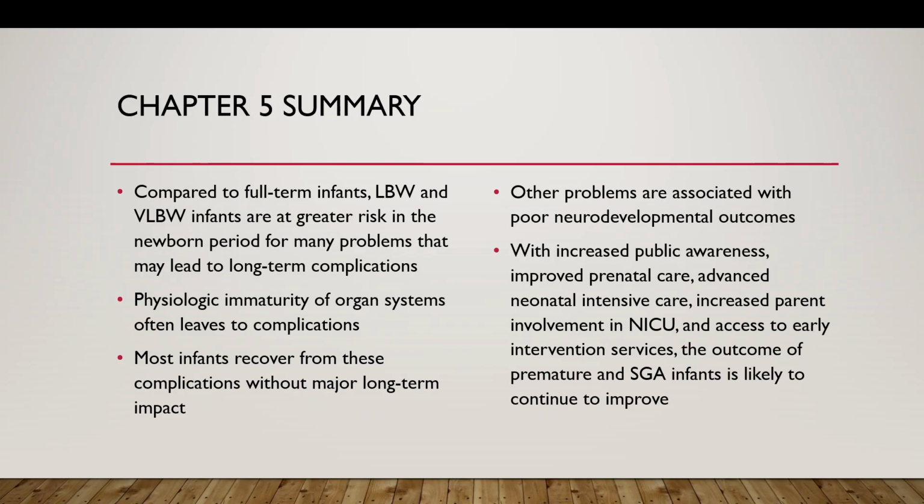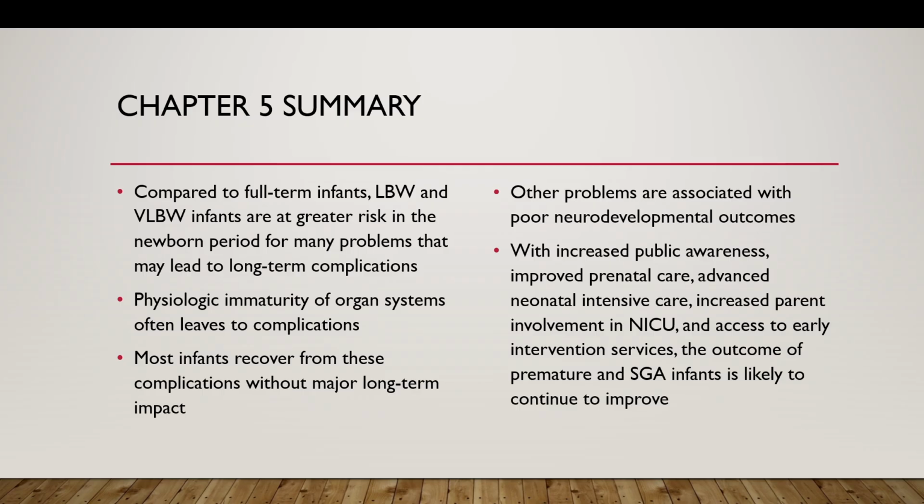So in summary, compared to full-term infants, low birth weight and very low birth weight infants are at greater risk in the newborn period for many problems that may lead to long-term complications. Physiological immaturity of the organ systems often leads to complications. Most infants recover from these complications without major long-term impact.